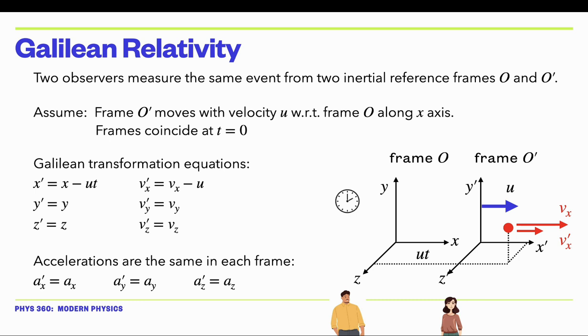And if we now differentiate this set of velocity transformation equations to get accelerations, we see that the accelerations are exactly the same in both coordinate frames, because u is a constant. So when you differentiate that, it's just going to be 0.